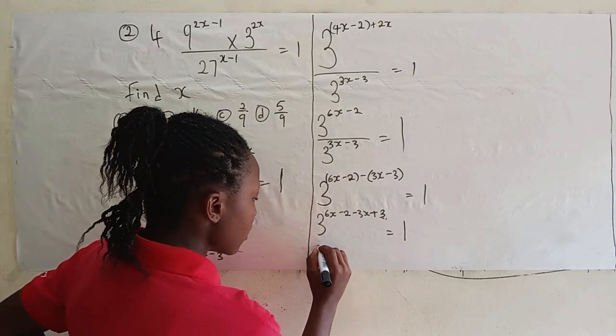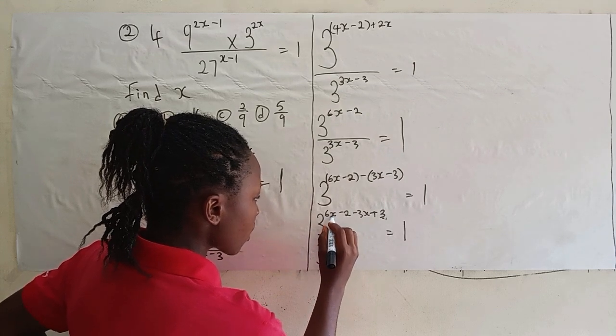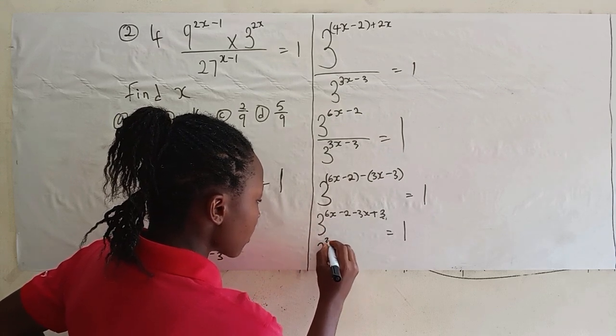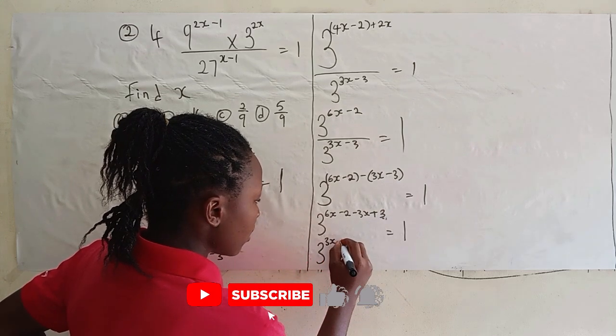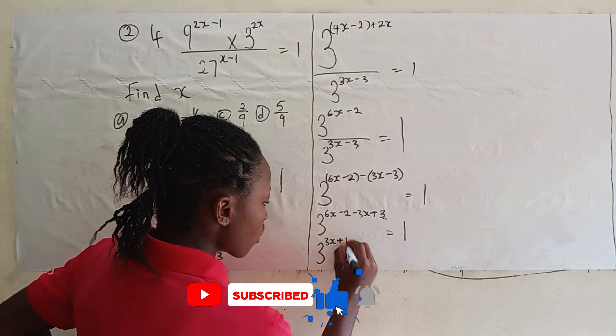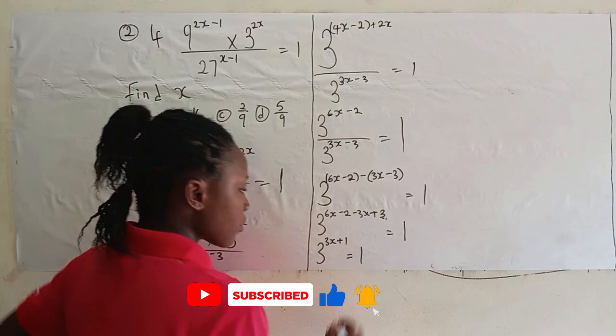So this minus this is 3x, minus 2 plus 3 is plus 1 equals to 1.